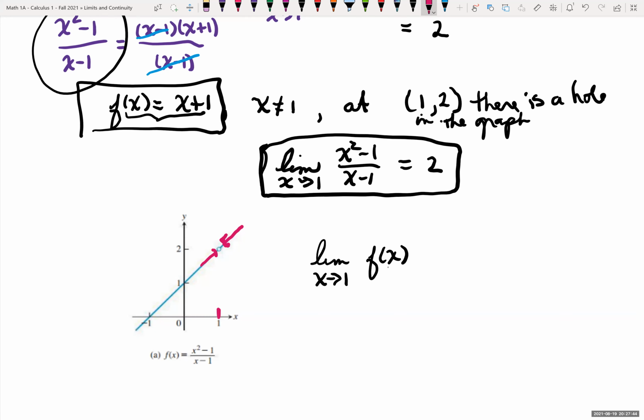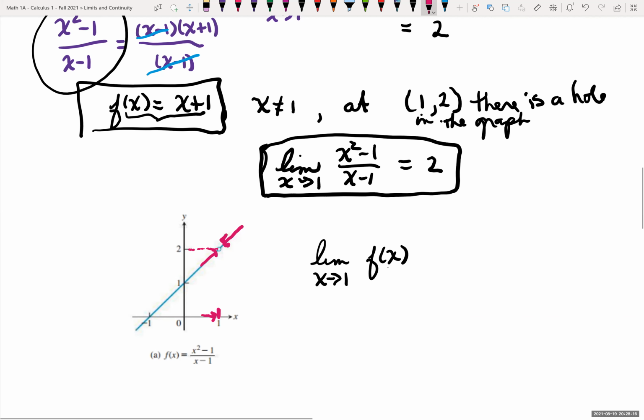And I want to see, is it going to one particular number or not? And it has to be coming into the same value on the left and the right in order for a limit to exist. And so notice, even though we have this open circle in here, my value on the left is getting closer and closer to a y value of 2 as I get closer and closer to this x value of 1.